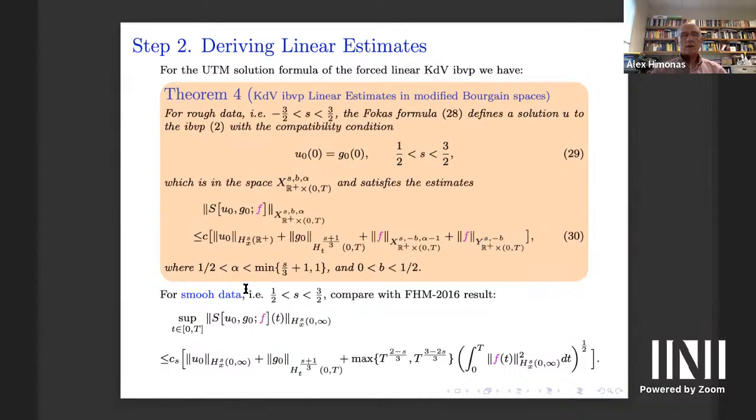Here, alpha is above 1/2 but close to 1/2, but the b is unfortunately smaller than 1/2, which works, but requires more work in order to do the estimates.